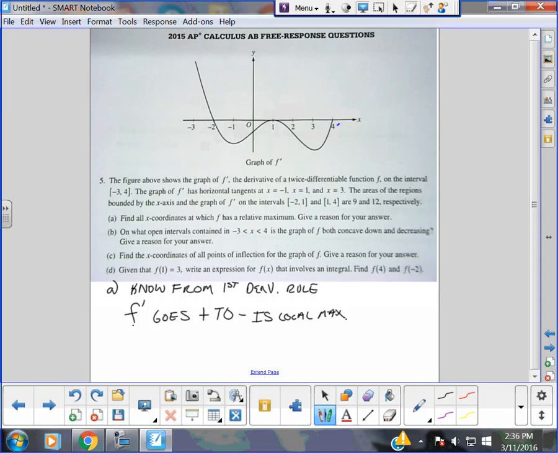If I look on this side of -2, we have a positive value for y. When I look on this side, we have a negative value. So the answer is that there is a local max, or a relative max, at x equals -2, and the reason is because f prime goes positive to negative.